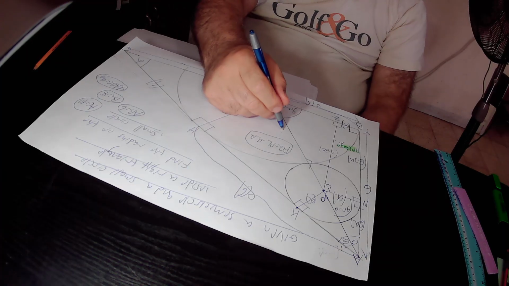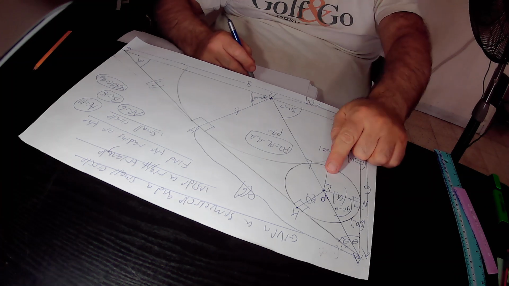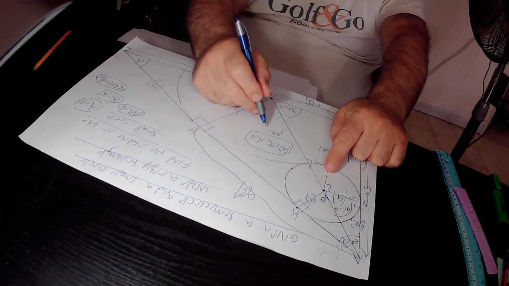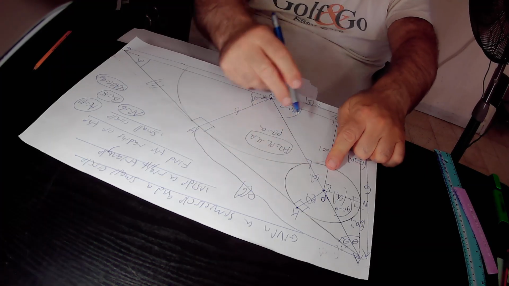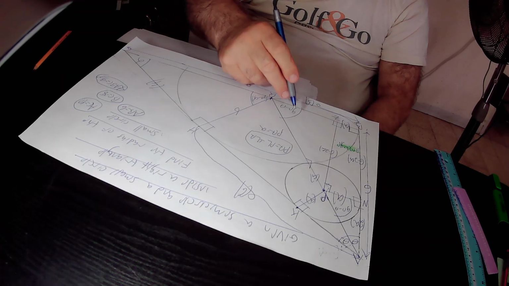So PQ equals PL. PL is the radius of this small circle, that equals A. A is the radius that we are looking for in this question, plus LQ. LQ is the radius of this big semicircle, and is equal to 3 units in its length.